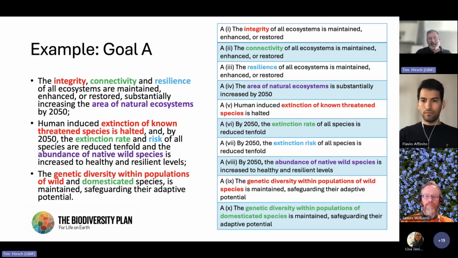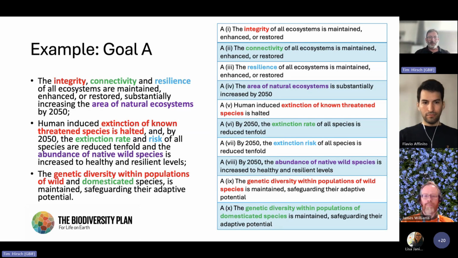So I've used color coding here to help to relate and to link what the wording of the target itself, or the goal, in this case, goal A on the left, with the proposed elements on the right. So, for example, if we take the beginning of goal A, it says the integrity, connectivity, and resilience of all ecosystems are maintained, enhanced, or restored.